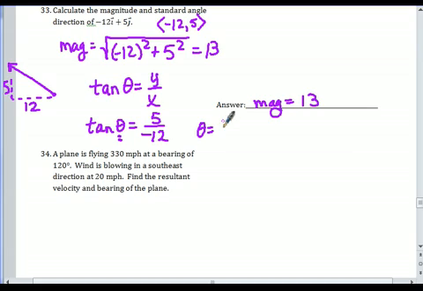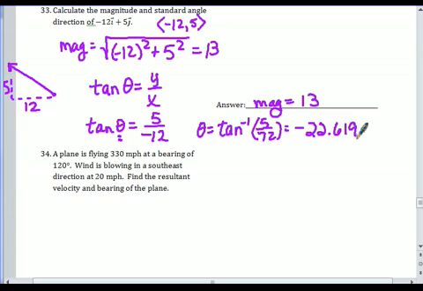Theta is going to be equal to the inverse tangent of 5 over -12. If your calculator is in degree mode, you should get that the angle is -22.619.